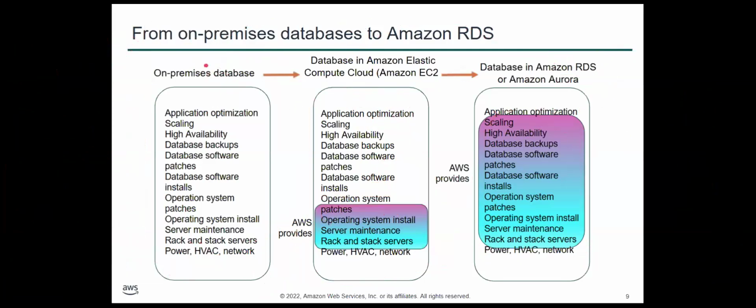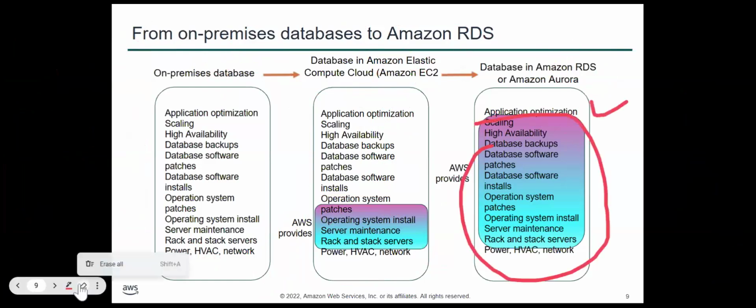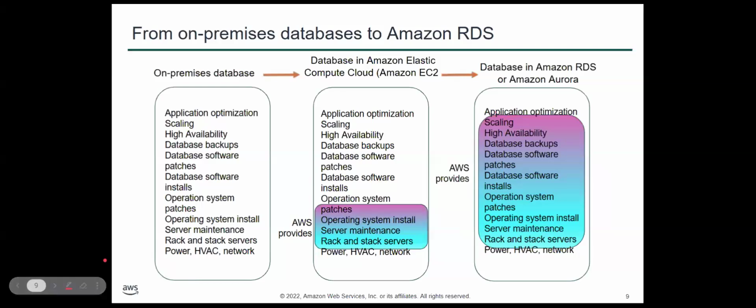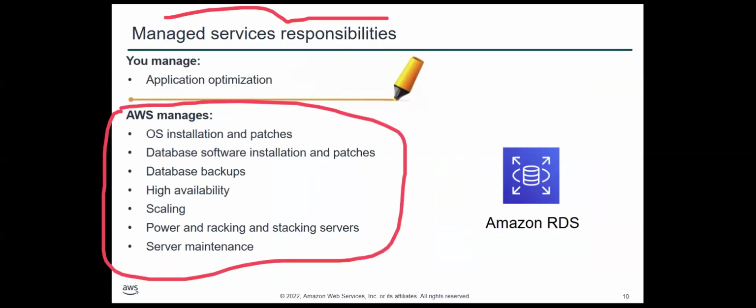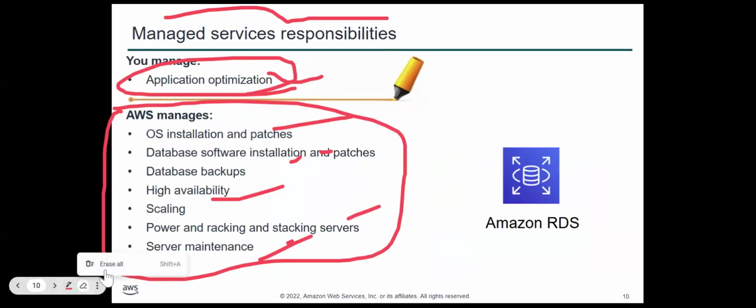So on premises, no, EC2 also no. We go for RDS. We are going to focus only on our application, and the remaining things will be managed by AWS itself. We don't want to do anything. That's why we call this the managed service responsibility. AWS will manage installation, patchwork, backup, scaling, racking, stacking, server maintenance, everything. We focus on our application only.